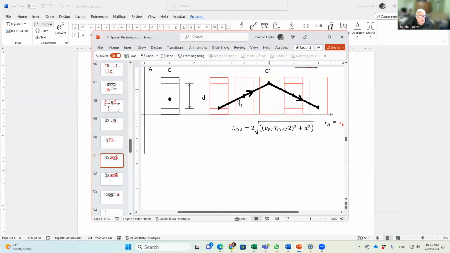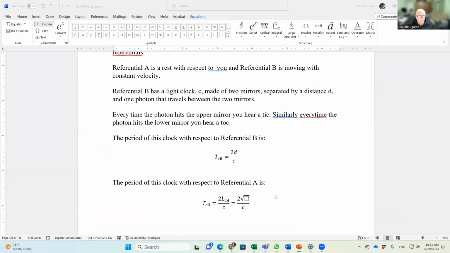That's what I call L_C with respect to A. The hypotenuse is going to be VT, V of the clock with respect to A.